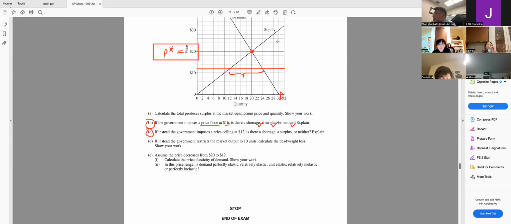This is a demand curve and this is a supply curve.